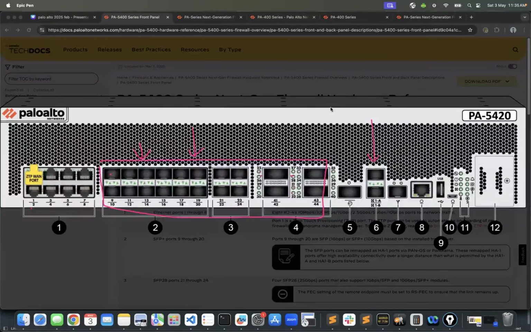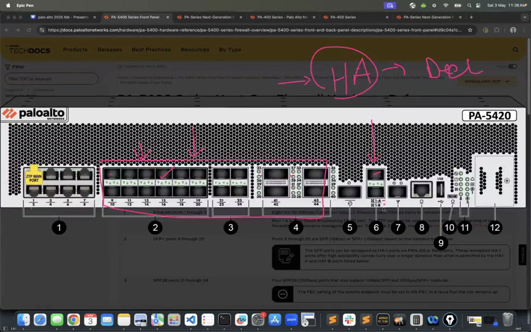For Palo Alto failover or HA, some of the models have a dedicated HA port, and some do not; you can use regular interfaces as well. A bigger firewall, with a model number like 5400, has a dedicated HA port. So 1A and 1B are your dedicated HA ports.